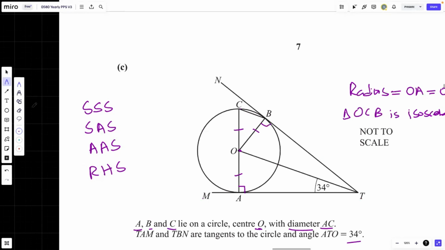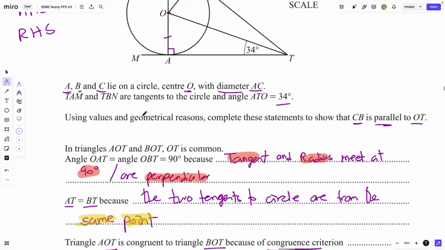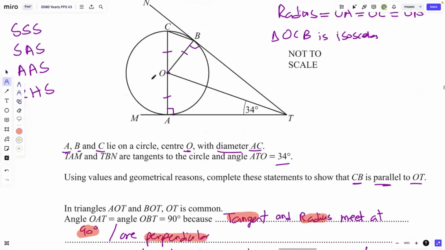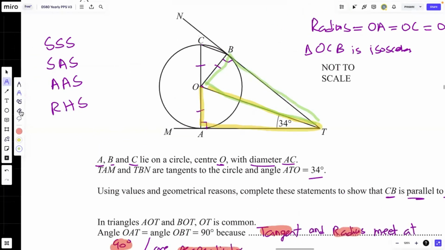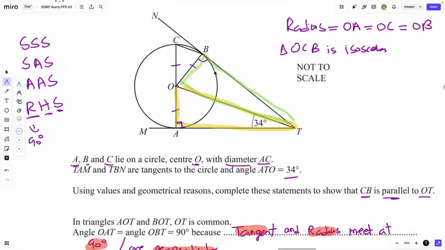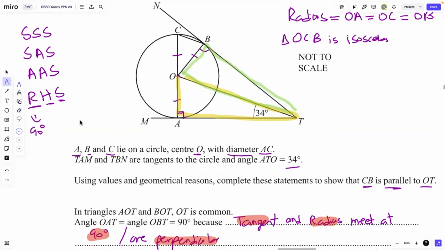Now which property would be applicable here? For that, we need to look at the two triangles AOT and BOT. Why are they congruent? When you have a right angle, meaning 90 degrees, you ideally go for RHS, making sure that all the conditions are satisfied.